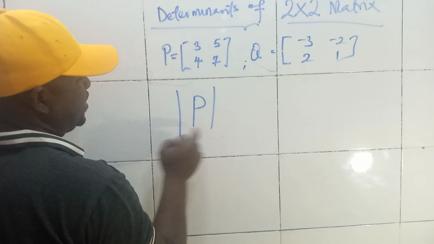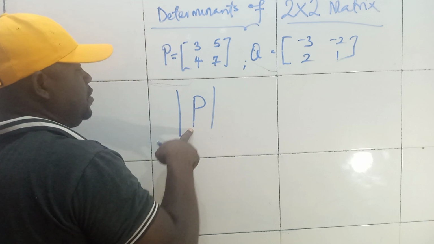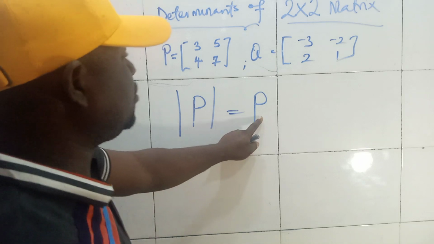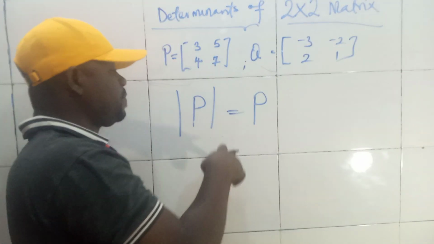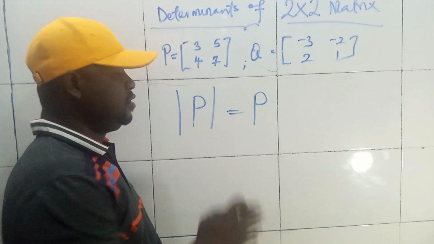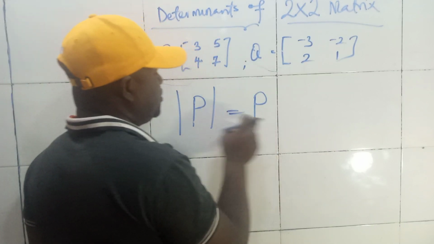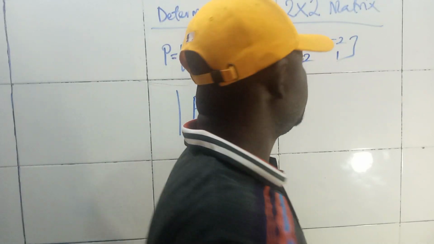So when you see two lines like this, it means the determinants of P. This P is different from ordinary P. P is just the matrix. Then determinants of P is with these two lines. So they are different things entirely. This is the matrix. Then after you have operated on this matrix, you can get the determinant depending on the question you are being asked.